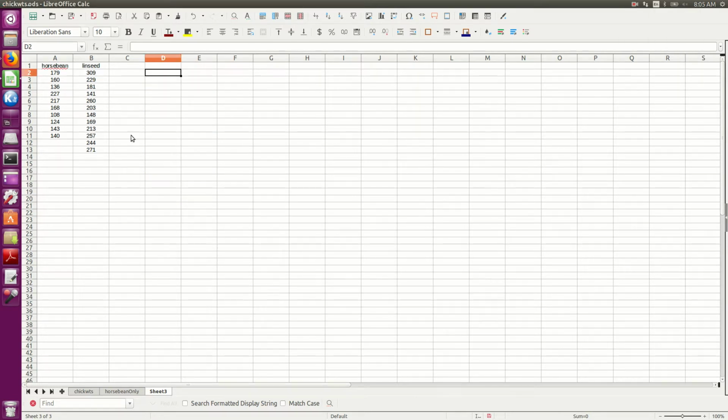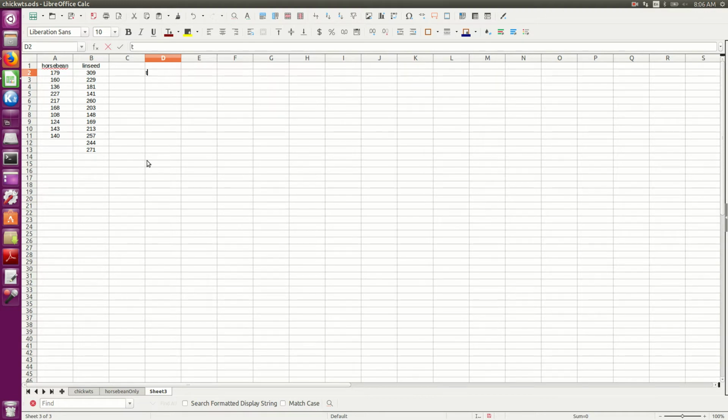So now we can get back to our t-test for two populations, and even if you have a large sample, this is what you want to do, is use a t-test, and if you're going to do it in Excel or some other spreadsheet. So here I have 2 columns of data, chick weights for the horse bean, chick weights for the linseed, and I would like to do my t-test for this.